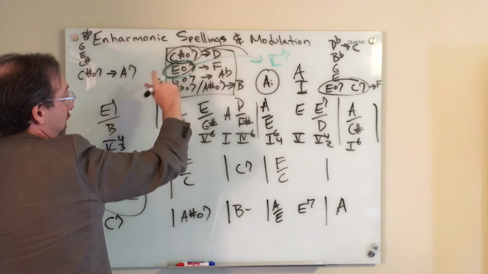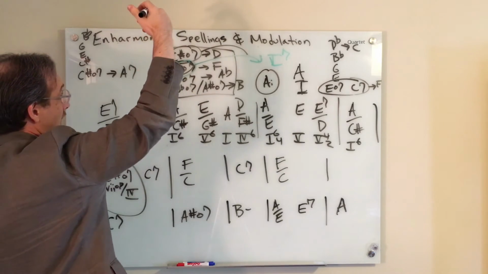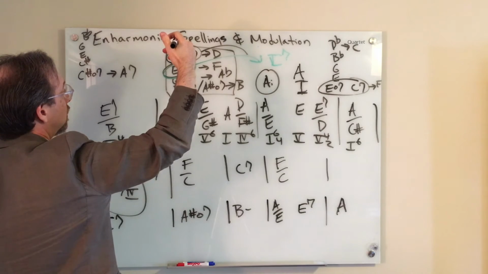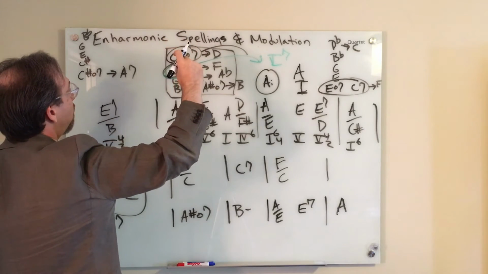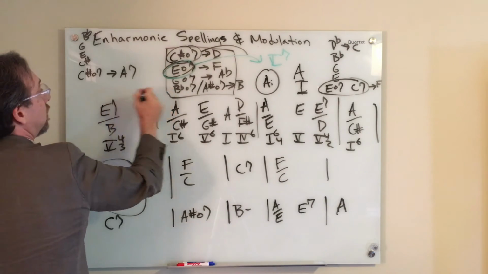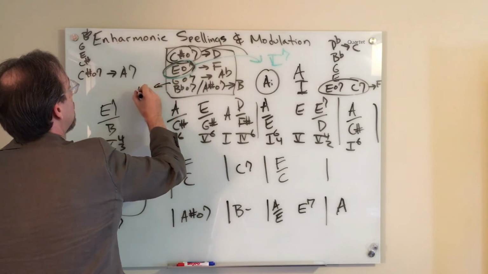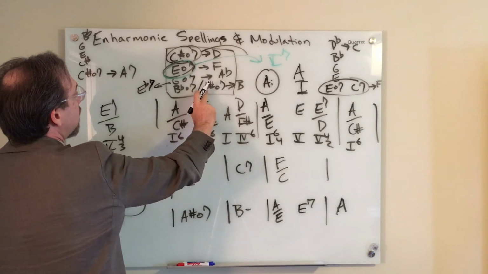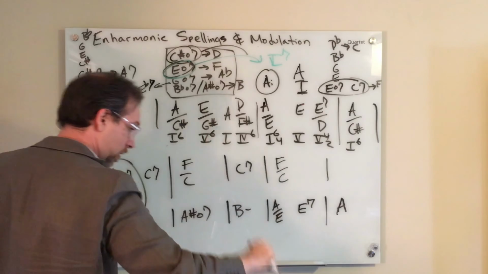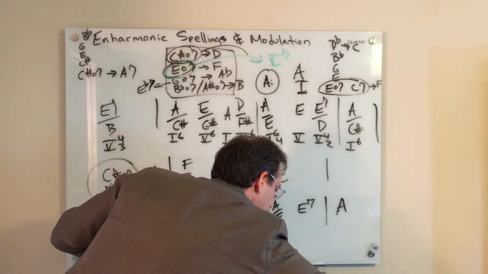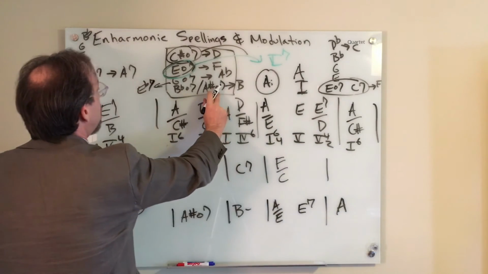G diminished 7: G, B flat, D flat, F flat. That F flat goes down a half step to E flat, so that means an E flat 7, right? So G diminished 7 to E flat 7. The A sharp, C sharp, E, G. That G goes down a half step to F sharp, becomes an F sharp 7.